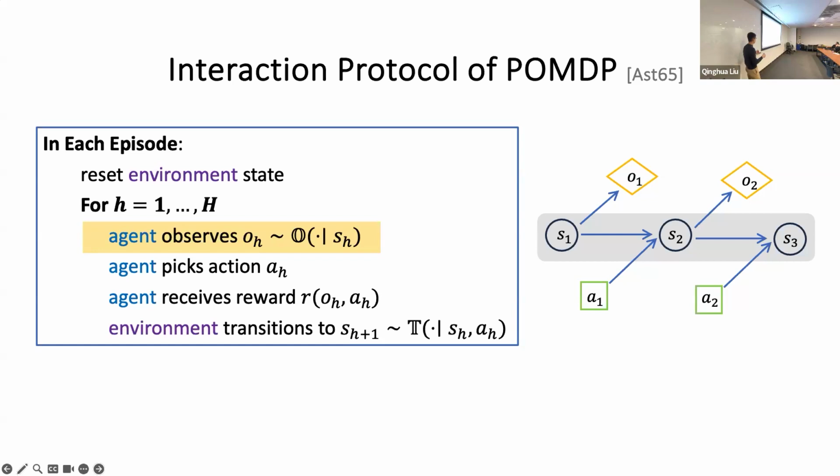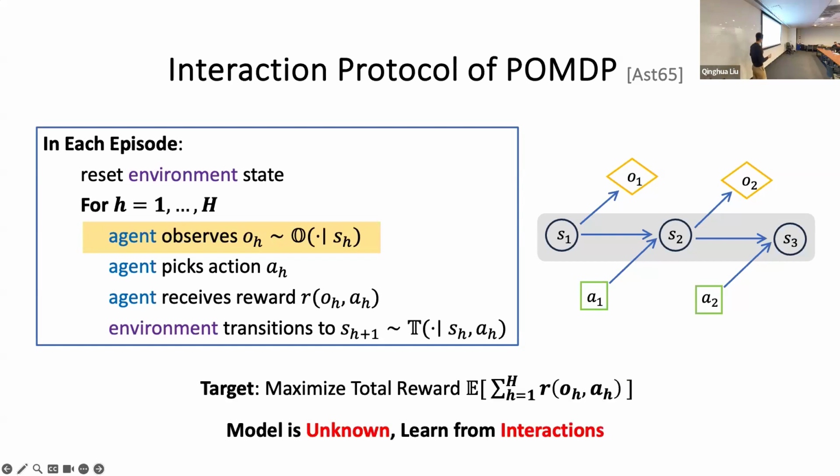In each episode, at each time step, the learner first receives an observation, which is sampled from a distribution conditioning on the current hidden state. After that, the agent takes an action, receives a reward, which we assume is a function of the observation and action. And then the environment transitions to the next state. And we repeat this process again and again.